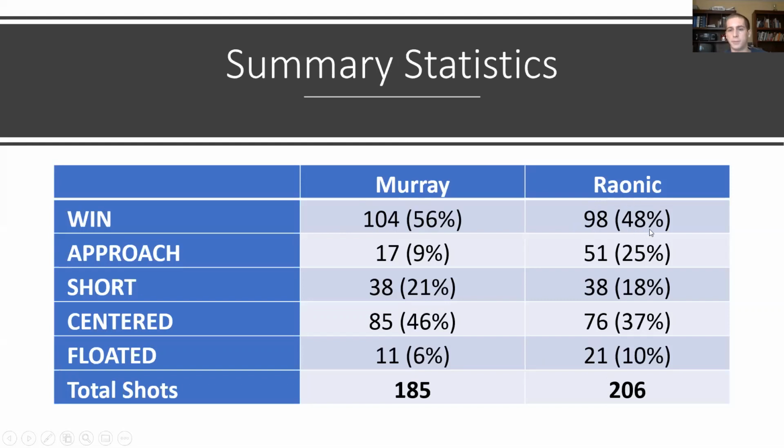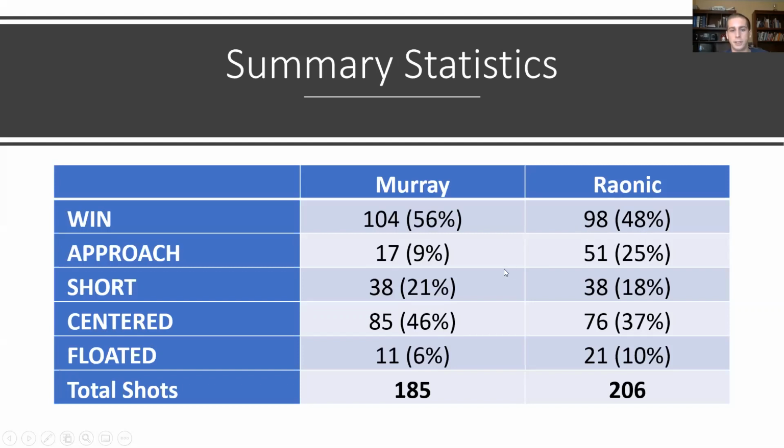His percentage is a little bit smaller because he lost this match. You look at approaches. Out of Murray's 185 rally shots, on 17 of them, 9% of the time, Murray approached the net. Raonic's approach rate was actually much higher. The reason being that he really can't compete with Andy Murray from the baseline, so he came in 25% of his opportunities.